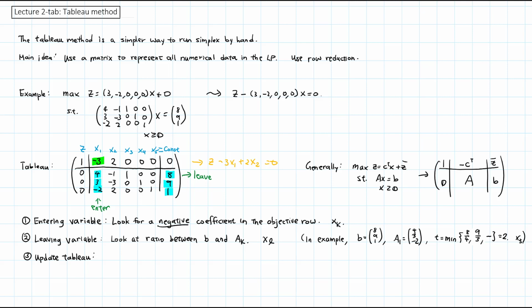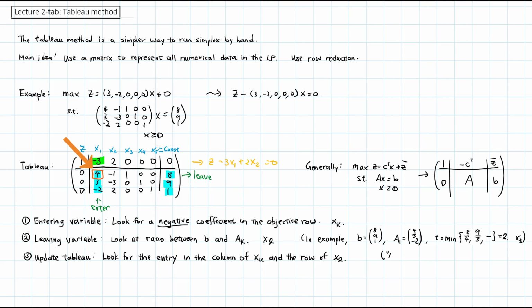So all we need to do is look at the column representing the entering variable and turn it into an identity form. So we look for the entry in the column of xk, the entering variable, and the row of xl, the leaving variable. In our example, it is the entry with 4.